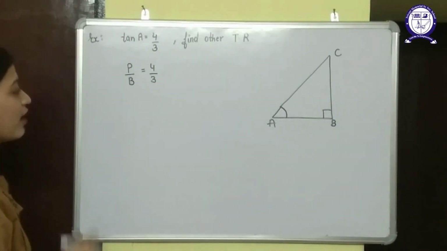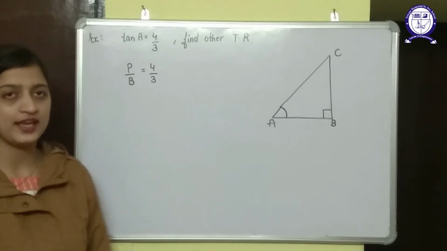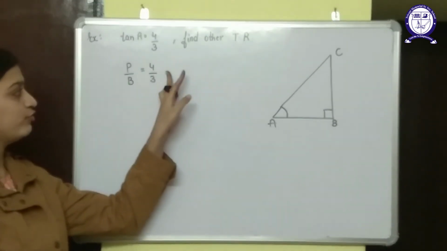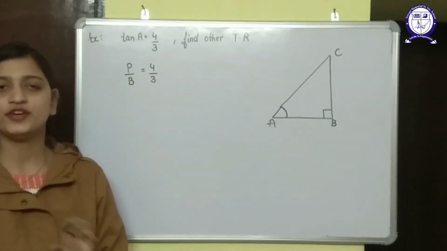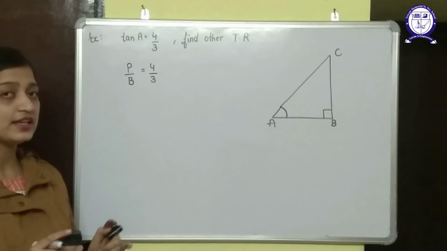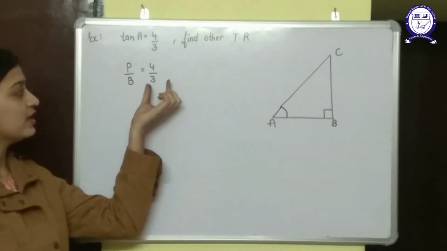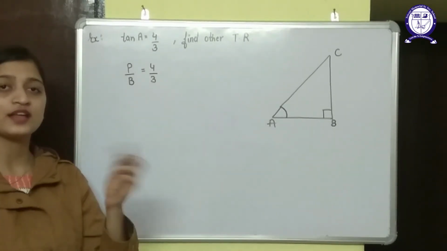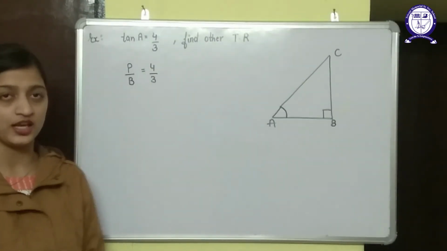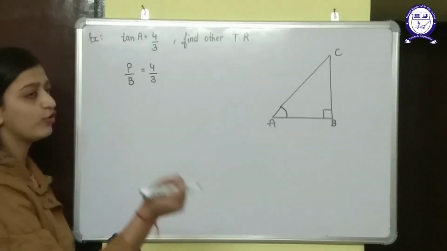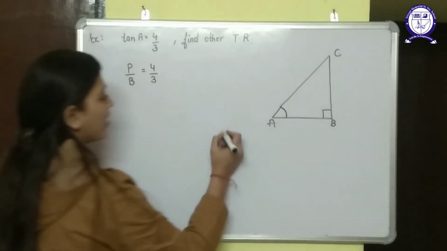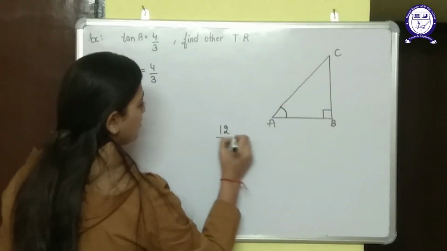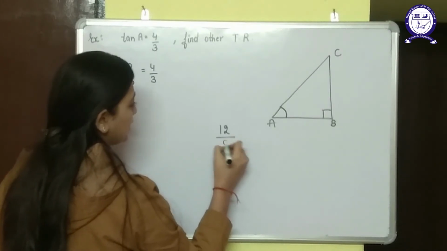Now after that, we cannot say that this perpendicular is 4 and base is 3. Maybe there is a possibility that this is the value which we got after eliminating everything. Suppose instead of 4 upon 3, I had 12 upon 9.